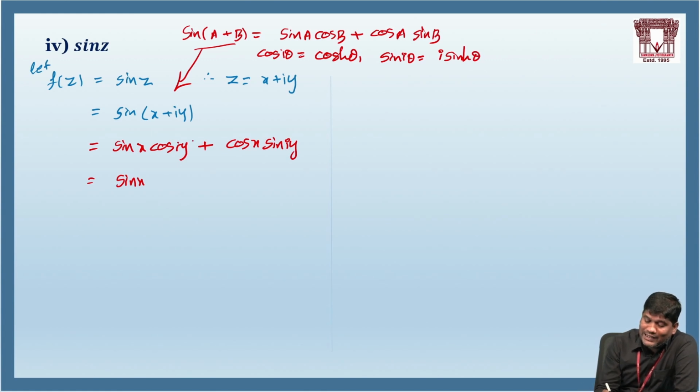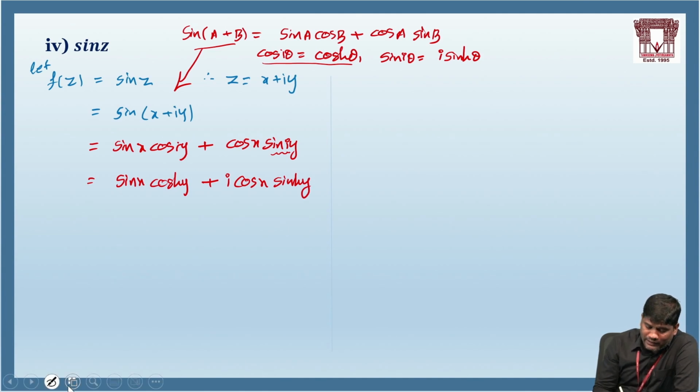So cos iy is equal to cosh y, the hyperbolic function, plus cos x as it is, and sin iy is i times sinh y.